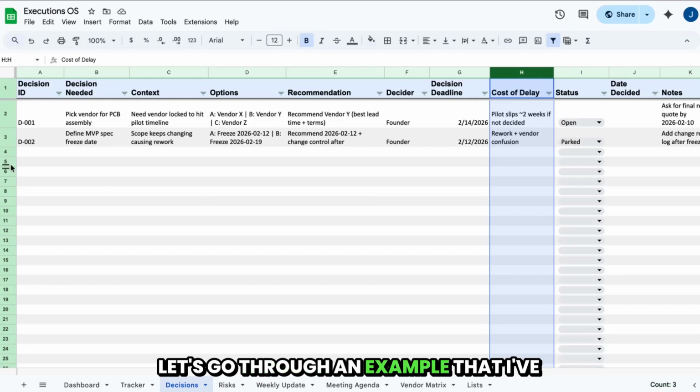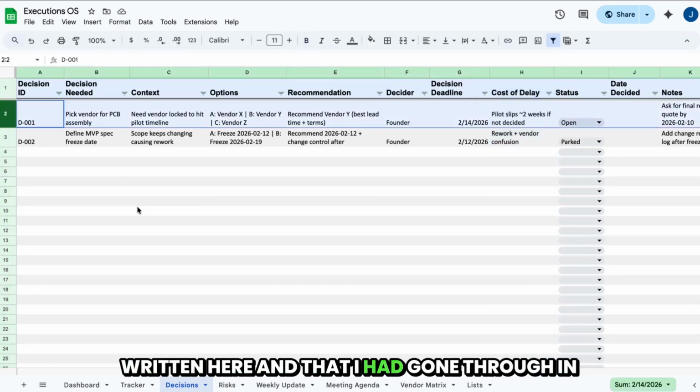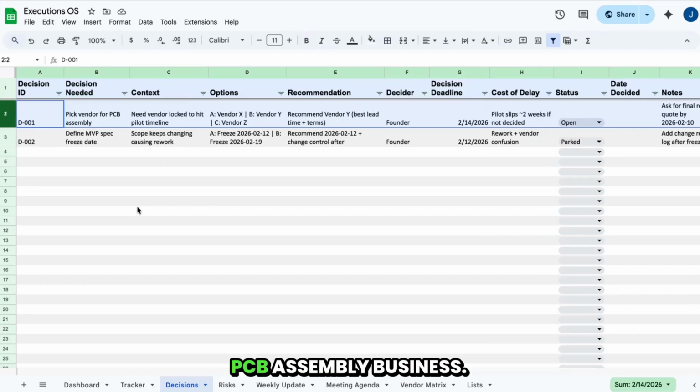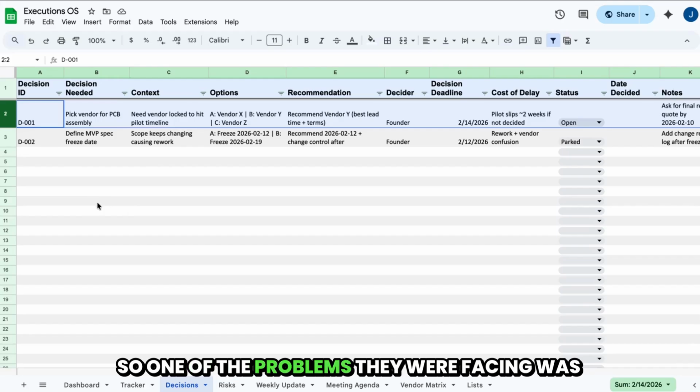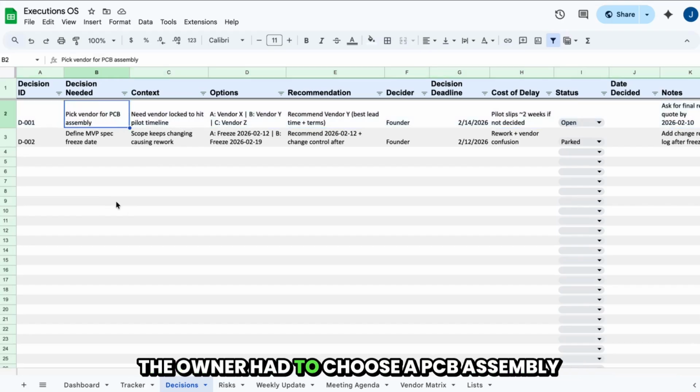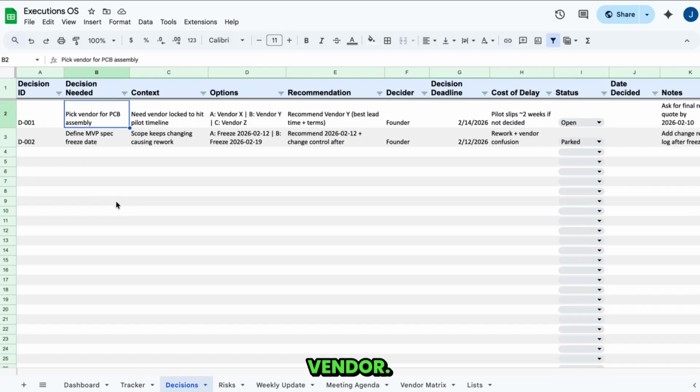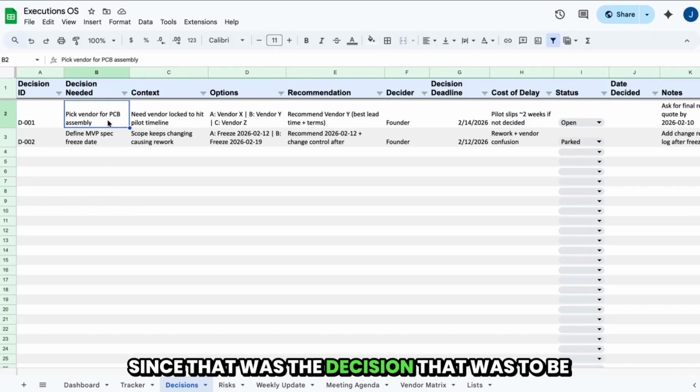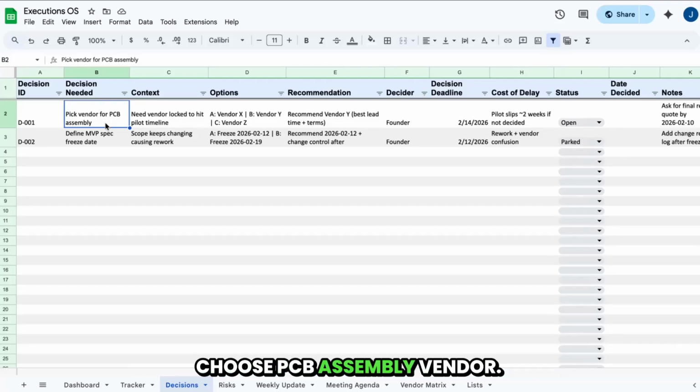Let's go through an example that I've written here and that I went through in real life with a client who was starting a PCB assembly business. One of the problems they were facing was that the owner had to choose a PCB assembly vendor. So that was the decision to be made, and that's why we've written this as "choose PCB assembly vendor."